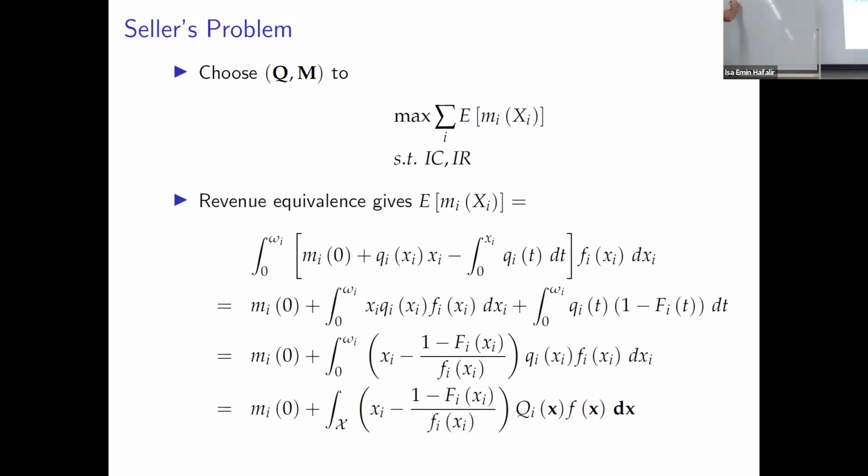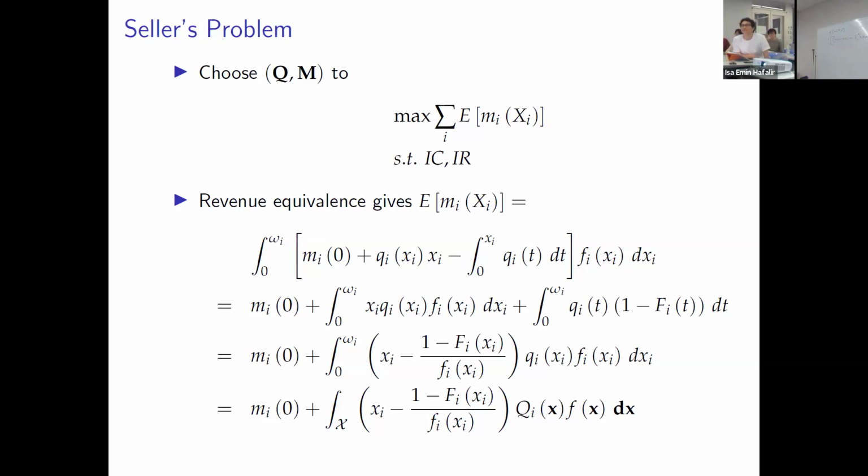E of M_i(X_i) is equal to the integral from 0 to w_i, so I'm varying the values of agent i, and inside is what was written in the previous slides, the payoff equivalence result: M_i(0) plus q_i(x_i) times x_i minus the integral from 0 to x_i of q_i(t) dt. And this is multiplied by f_i(x_i) dx_i. So I'm varying values of x_i.